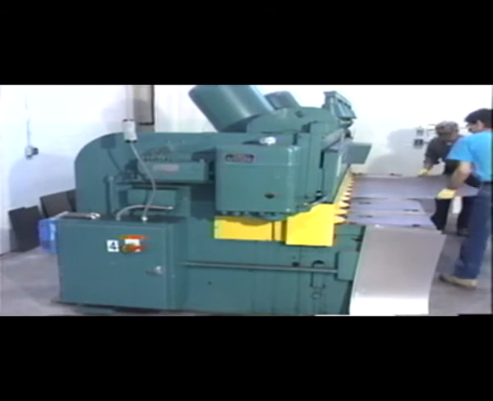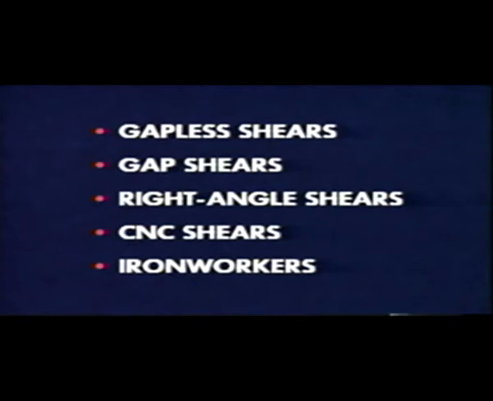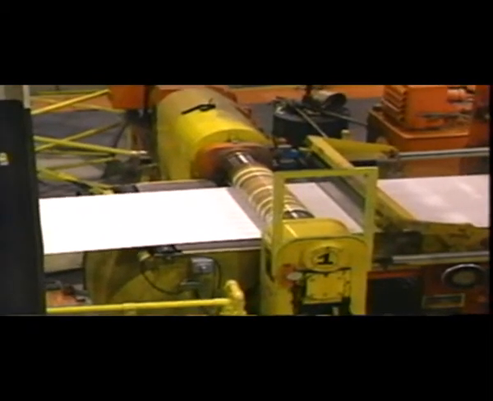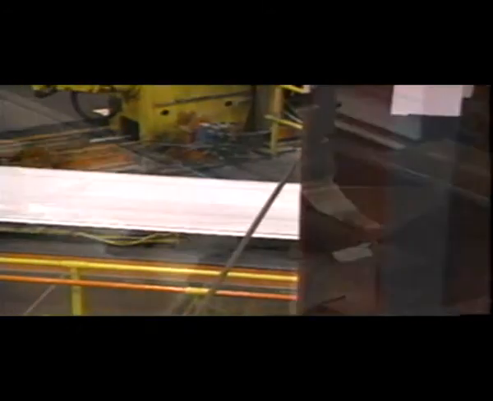Common types of shearing equipment include gapless shears, gap shears, right angle shears, CNC shears, and iron workers. Slitting is a shearing process in which wide coil stock is slit into multiple narrower coils.